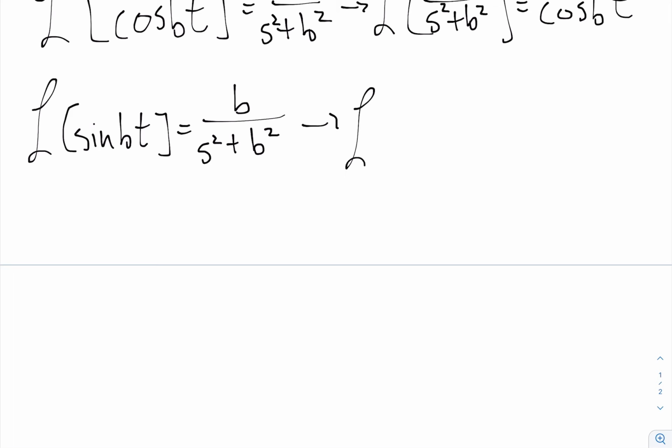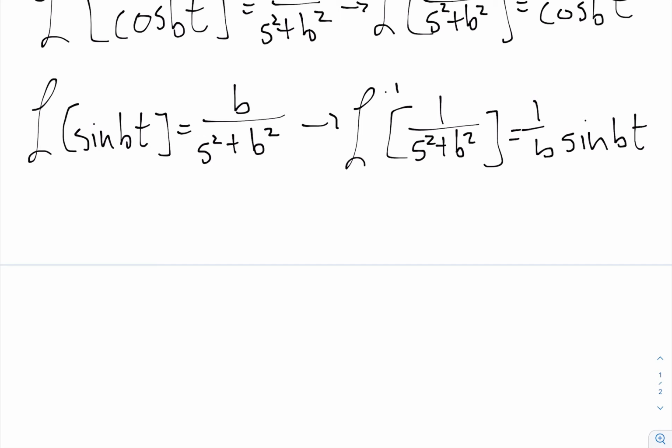If we divide this by b, we get 1 over s squared plus b squared. So the inverse Laplace of 1 over s squared plus b squared, instead of b over, equals, well, if we divide one side by b, we have to divide the other side by b. So if this is our f of t, it's going to be 1 over b sine bt.